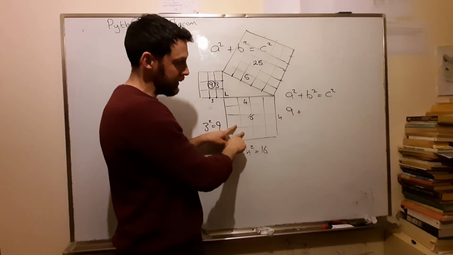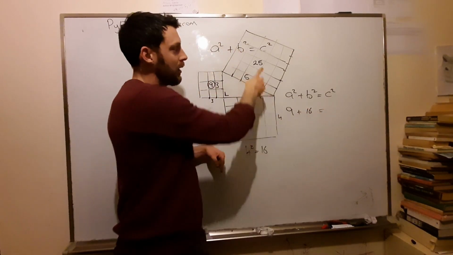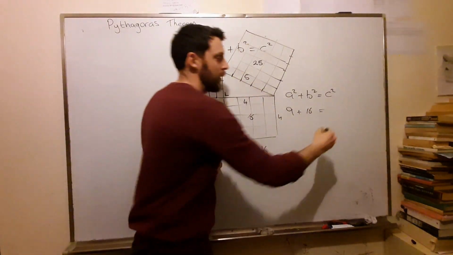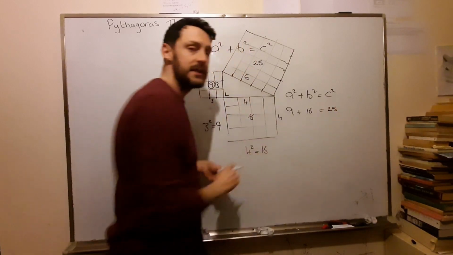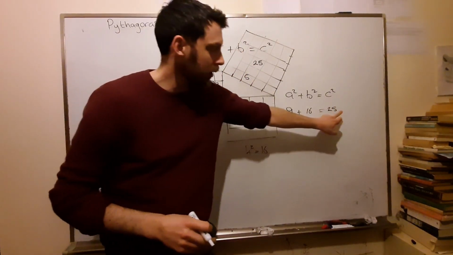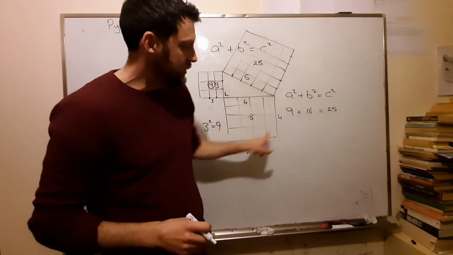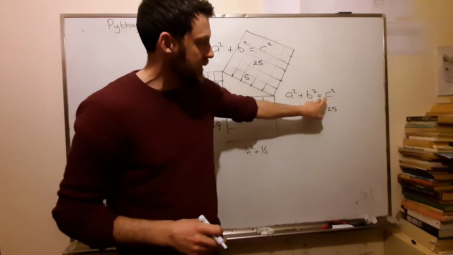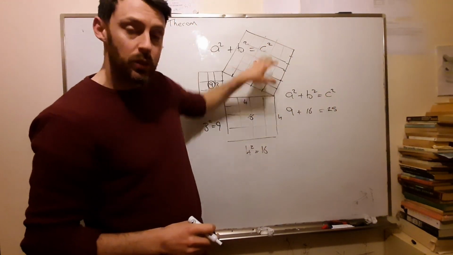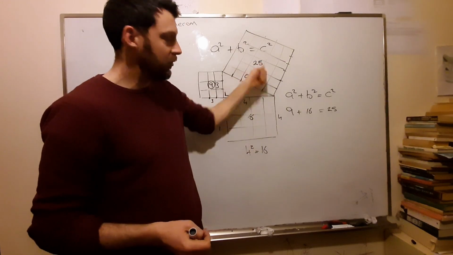I'm calling this B. There are 16. And how many boxes are in the C? There are 25. Now let's just see, is it correct? 9 plus 16 equals 25. A squared, which is 9, plus b squared, which is 16, is equal to c squared, which is 25. And that's a true statement.